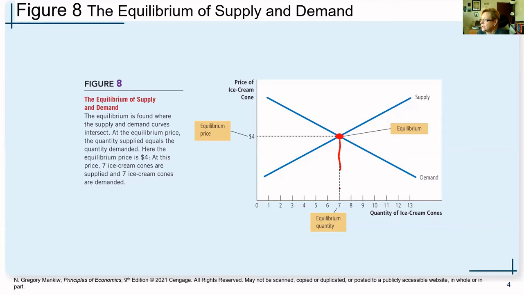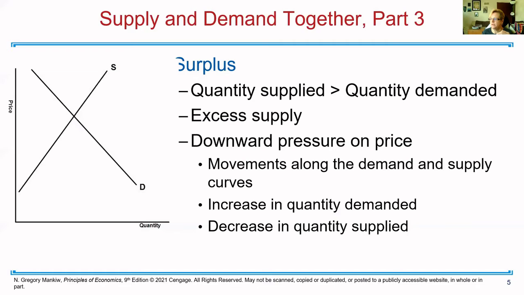If we drop that down, we see that the quantity equilibrium, or Q sub E, ends up being 7, and the price equilibrium is 4. So P sub E, price equilibrium, is 4, quantity equilibrium is 7. Now again, this is a snapshot in time because things are always moving.